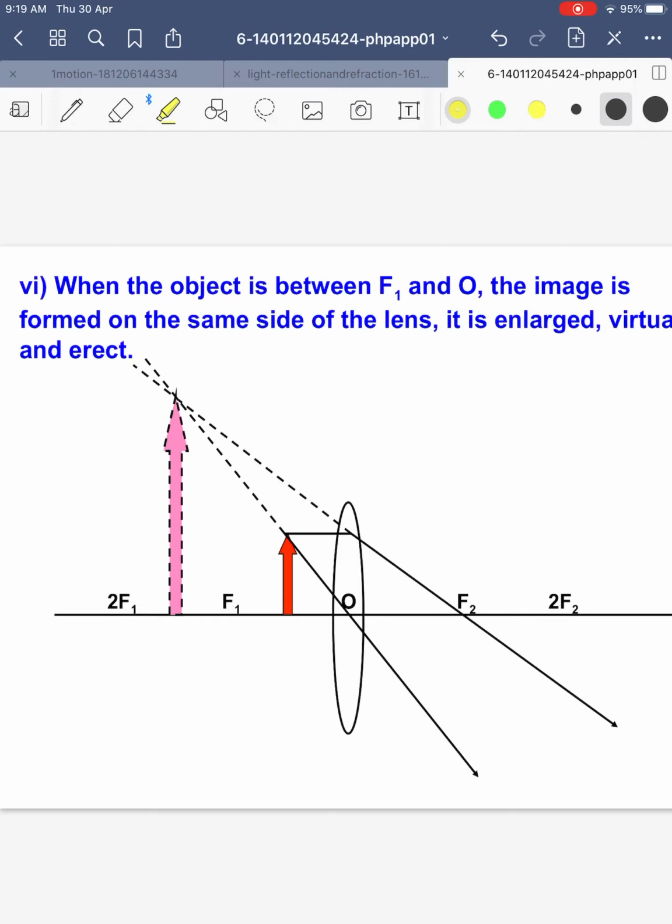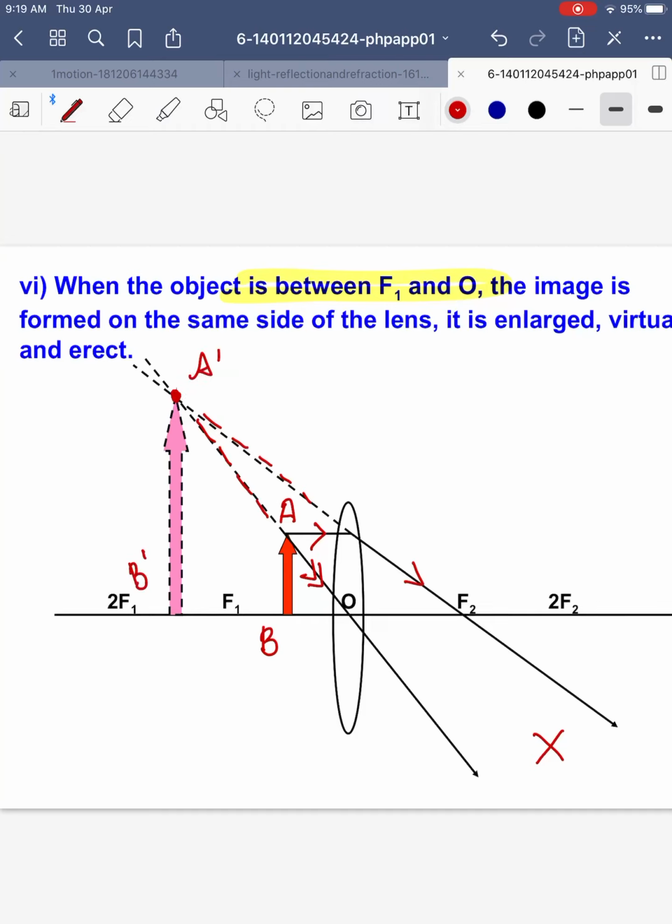Okay, so then we have our last case for convex lens, when the object is between first focus, that is f1, and optical center, that is, object is between f1 and O. In this case, object AB, the first ray parallel to principal axis will pass through second focus. Second through optical center passes undeviated. We can see rays are not intersecting here. If you produce them backwards, they appear to intersect at point A dash.